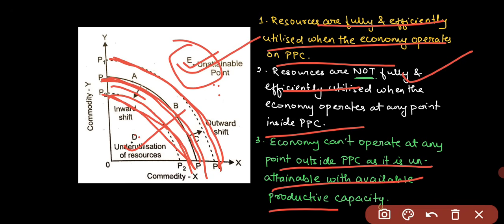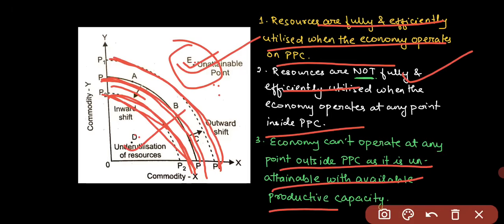The inward, leftward shift, P2, indicates a decrease in resources and technology. Point D indicates underutilization of resources and technology, and point E is an unattainable point. So this is all about the production possibility curve, right?